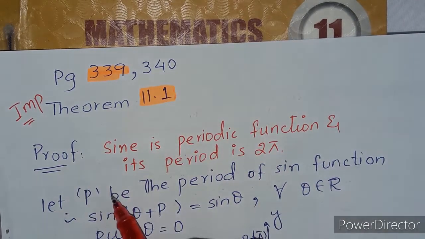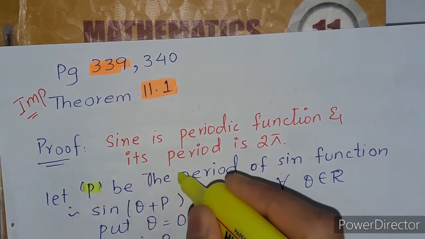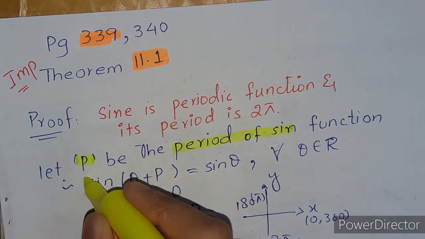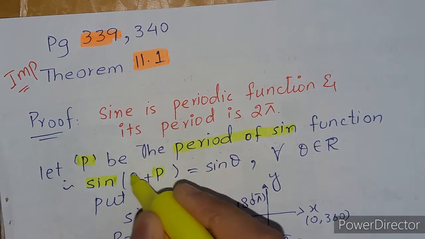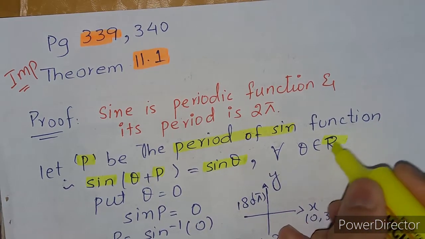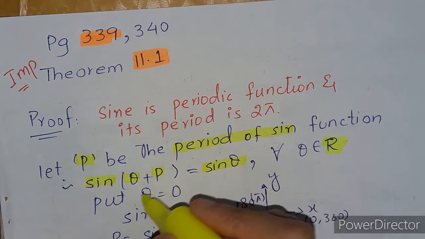So moving towards the proof. First we let p be the period of the sine function. So it will be like this: sin(theta + p) = sin theta, where theta belongs to the real numbers, and this we studied in exercise 11.1.